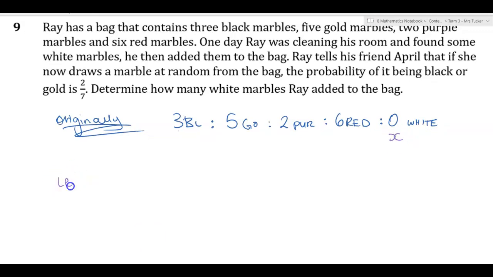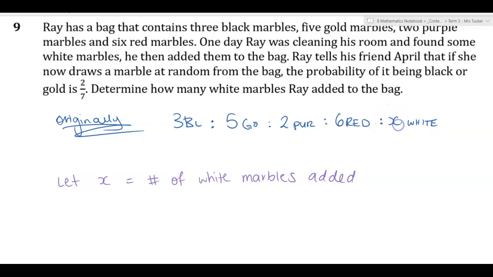Okay, so that's where that x comes from. So remember our Vespa, we say let x equal number of white marbles added. Good, be specific. Now he says that the probability of being a black or gold once that's been added is 2 out of 7. So let's change that to x.